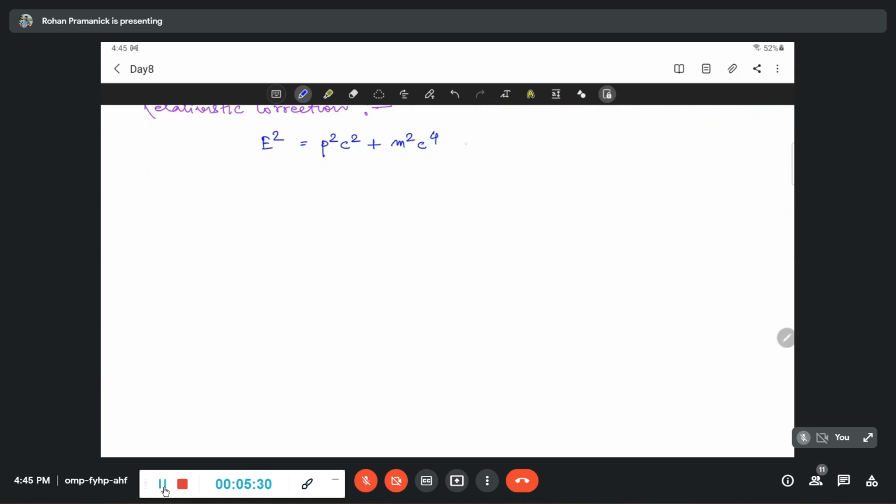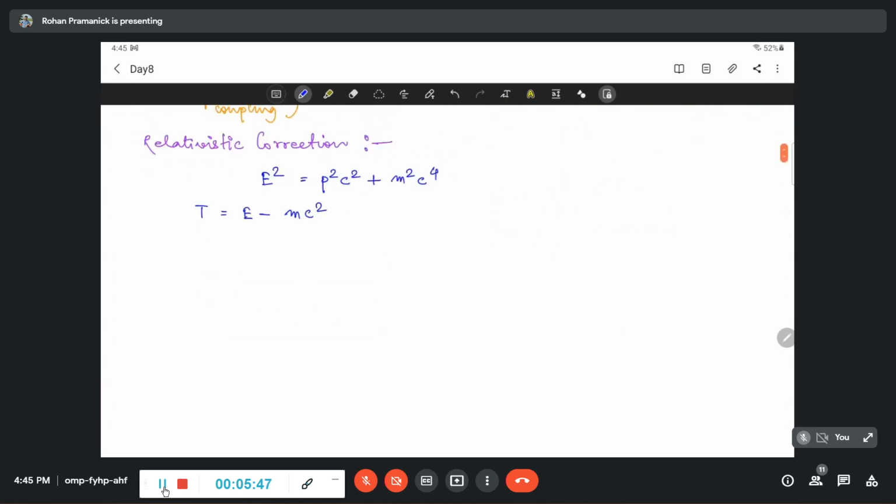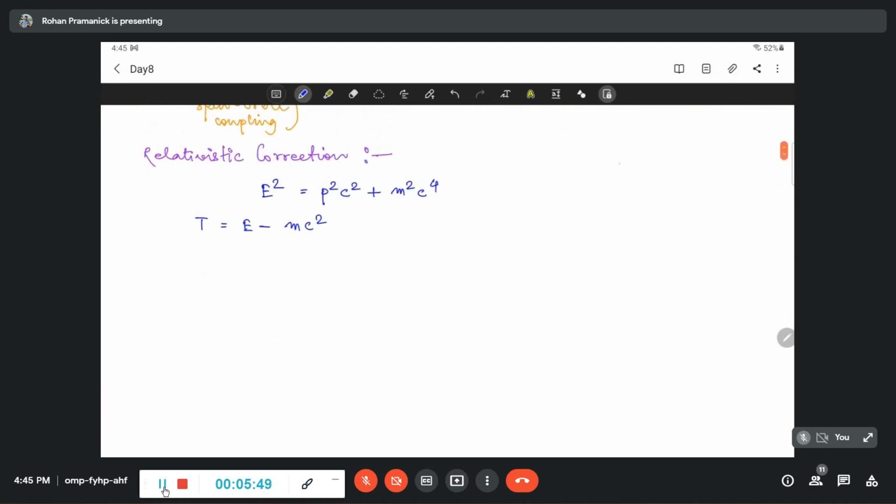So this is the total energy of a relativistic system, and if you want to find the kinetic energy, you just take the rest mass energy out of it, right? So this is mc squared. Just make a comment: m replaced by mu, this is the reduced mass correction.